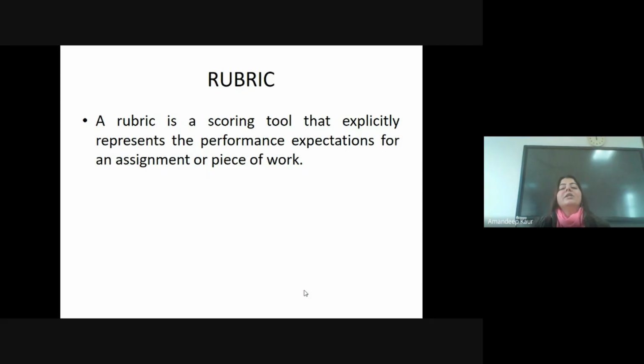Now the question arises: say in a department there are 13 different faculty members available, and every faculty is giving a written assignment to the student. Then what will be the performance expectation? What will be the standard criteria that need to be followed at departmental level for a student population?